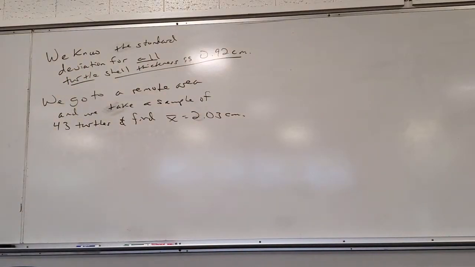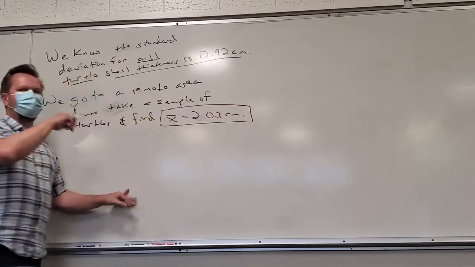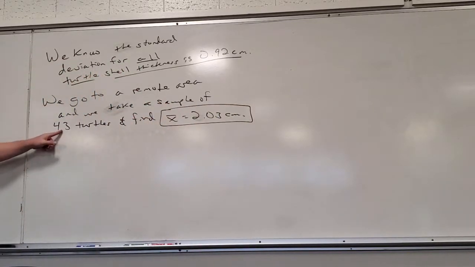Okay. So what I want to do, this isn't really good enough. What's the real mean? Do you think this is all the turtles in this area? Let's say this is a big area on the coast of something, so there are probably a lot more turtles than this.